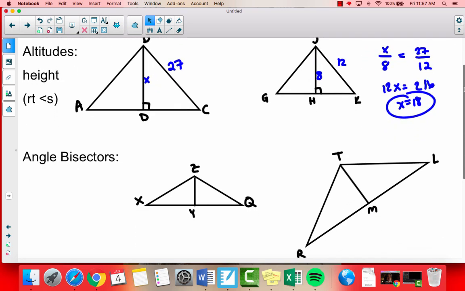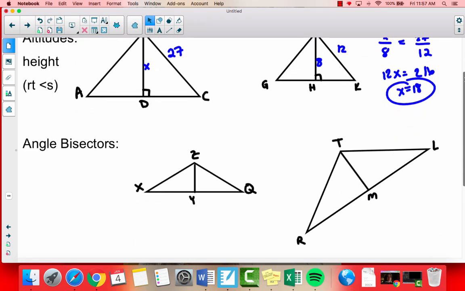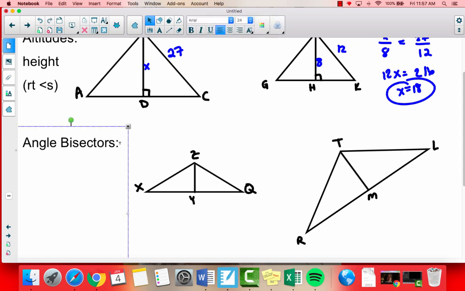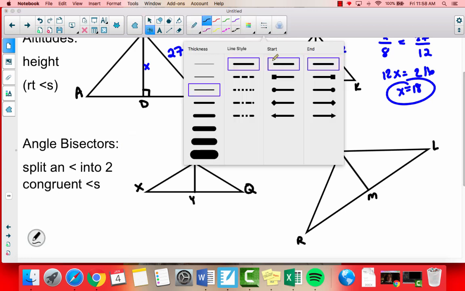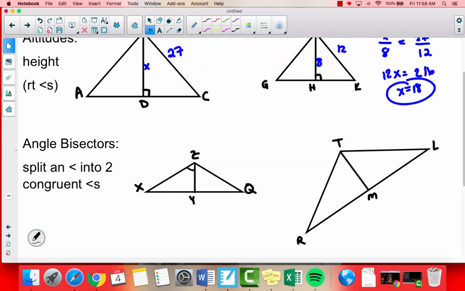The next one we're going to talk about is the angle bisector. Remember, angle bisectors are segments that split an angle into 2 congruent angles. All right, and I've drawn these in for you. I'm going to go ahead and label these a little bit. So this angle here is going to be congruent to this one, and then this angle here would be congruent to this one because those are angle bisectors, and my proportion is going to look very similar.